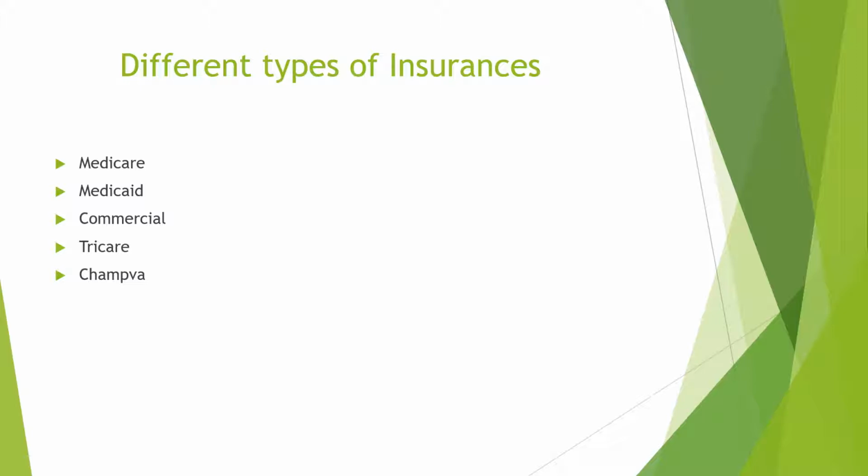If the patient doesn't have secondary coverage, then obviously they would have to pay the 20%, which they would be billed out for. The next insurance I would like to mention is Medicaid. Medicaid is considered the final payer. A lot of times there are laws in place where a patient cannot be billed if they have Medicaid.